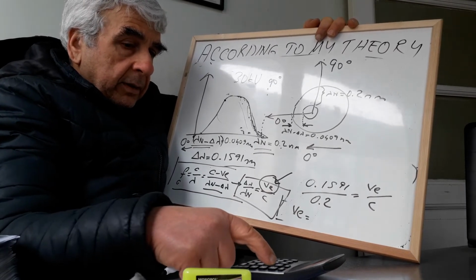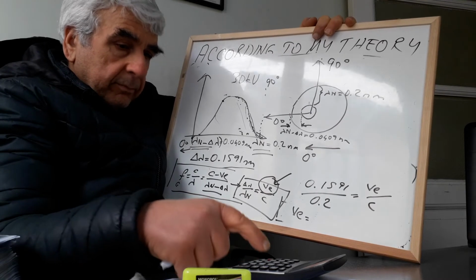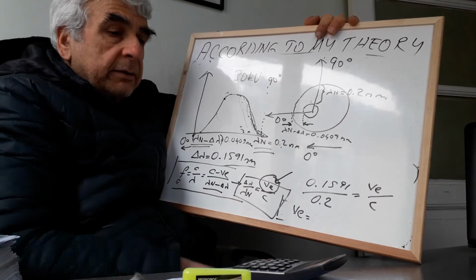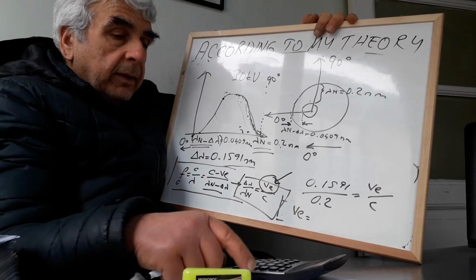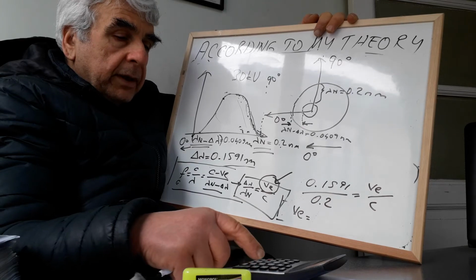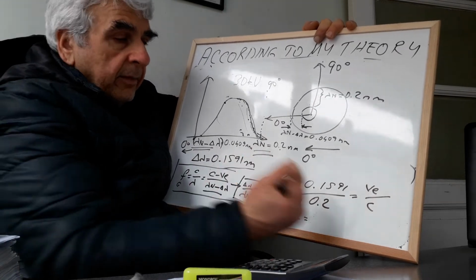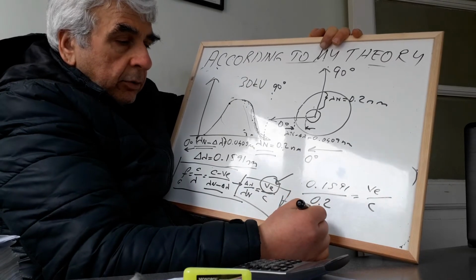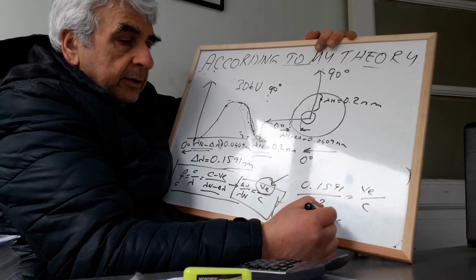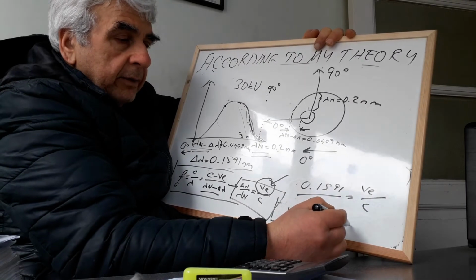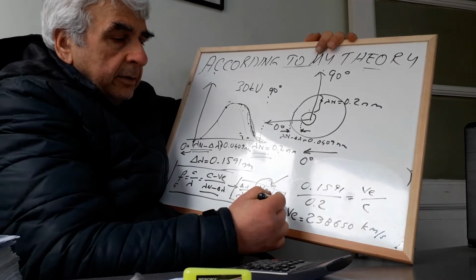0.1591 divided by 0.2 equals 0.7955, multiplied by 299,792 (the speed of light) gives 238,650 kilometers per second.